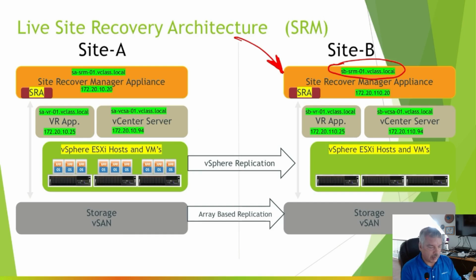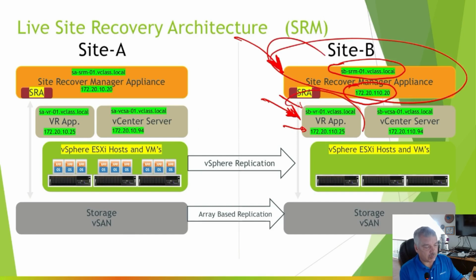That's the reason why I mimic that. You'll see its IP is 172.20.110.20. I've also got a vSphere replication appliance deployed. This one's called Site B VR-01.vclass.local, and again, its IP is 172.20.110.25. I've already deployed these two in Site B and configured them. You don't need to worry about that.